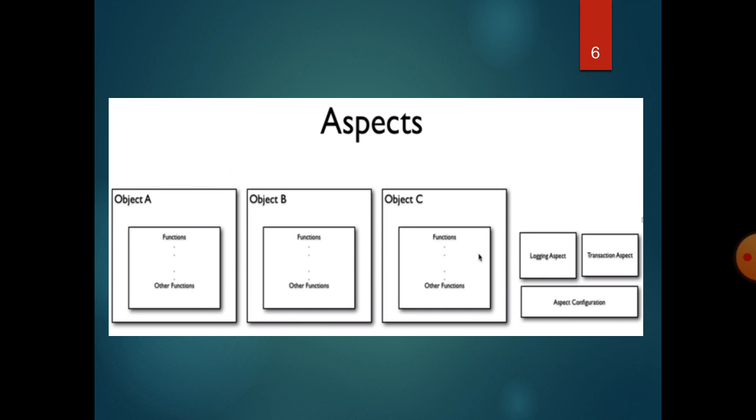For example, cross cutting concerns are parts of a program which affect many parts of the system as well. So a cross cutting concern is applicable throughout the application, affecting the entire application.